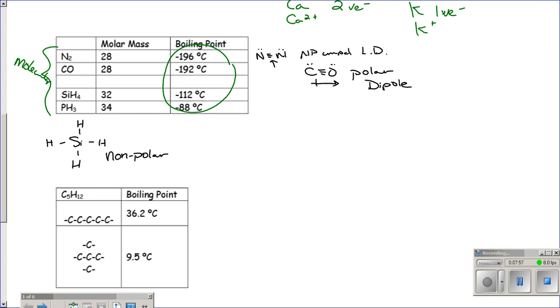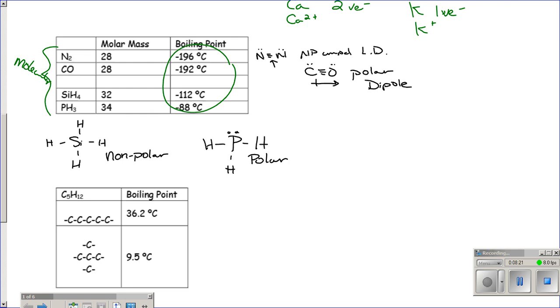So we've got this nonpolar molecule versus a phosphorus trihydride, which has a lone pair there, and we're assuming polar bonds, so we would assume that's a polar molecule. And the data would indicate that as well.